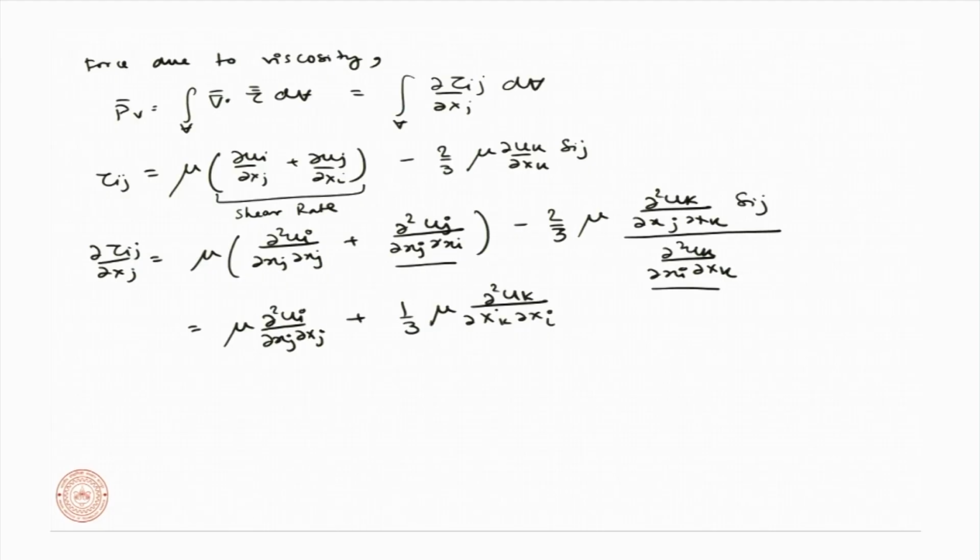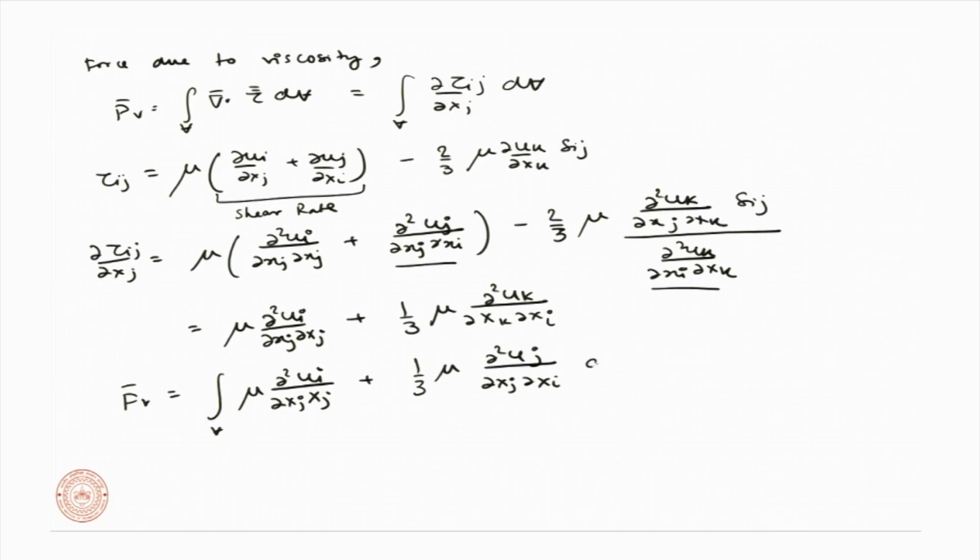So, we can then substitute this into our force. Our force due to viscosity comes out to be the integral over volume of mu times del square ui by del xj del xj, where you can also write k as j, plus 1 by 3 del square uj by del xj del xi.